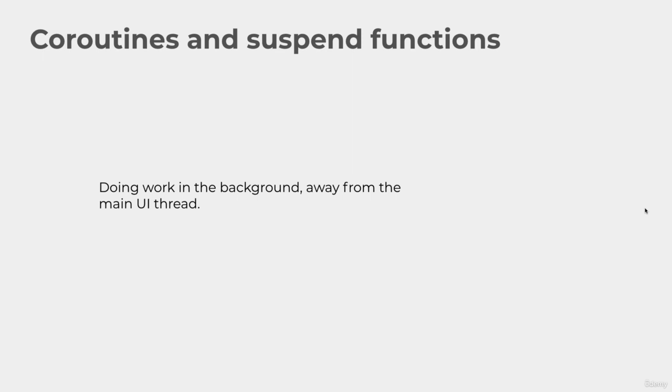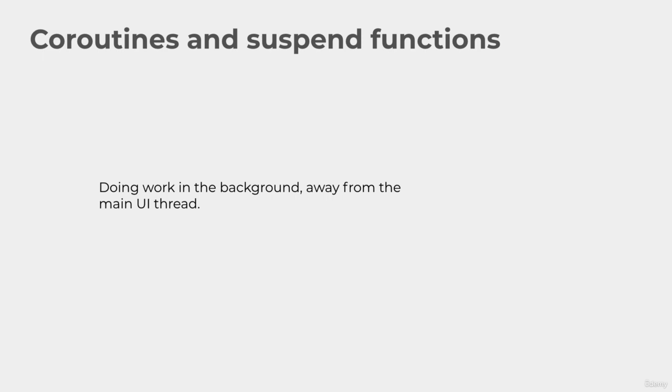And of course, along the way, we talked a little bit about coroutines and suspend functions. The idea you want to take away is that these are mechanisms that allow us to do work in the background, away from the main UI thread. It's important to know that in Android, the UI thread only needs to worry about showing the user interface to the user to interact with.